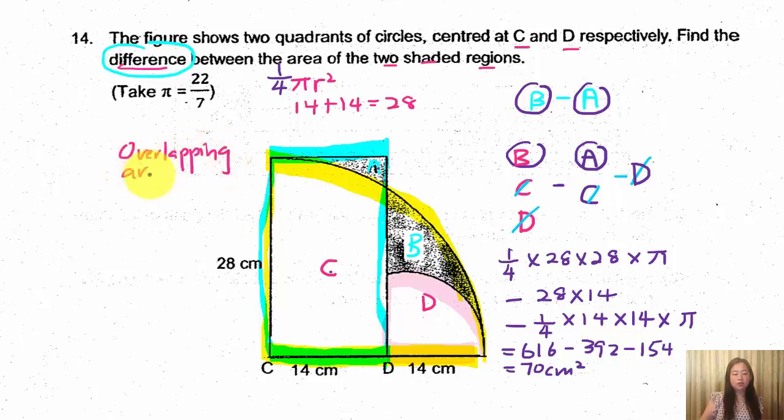And we also learned the importance of labeling with letters so that we can test out our assumptions to see whether the idea works or not. So of course, in this question, we have a quadrant, or we call it a quarter circle, and also a rectangle.